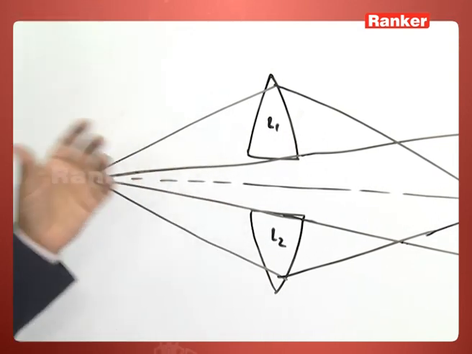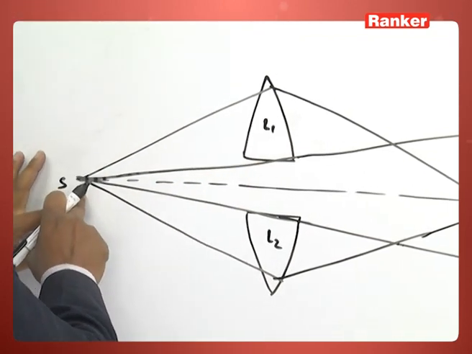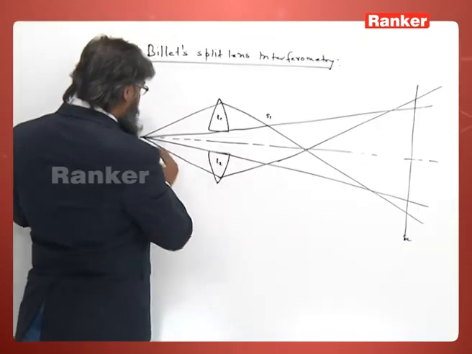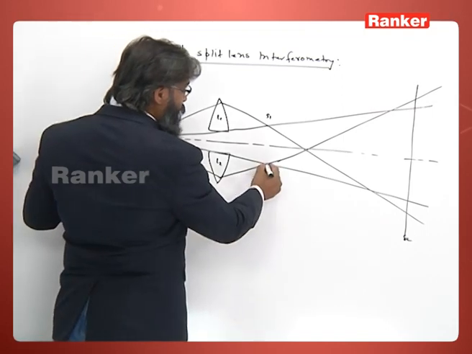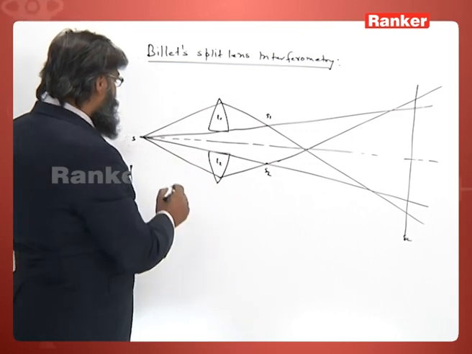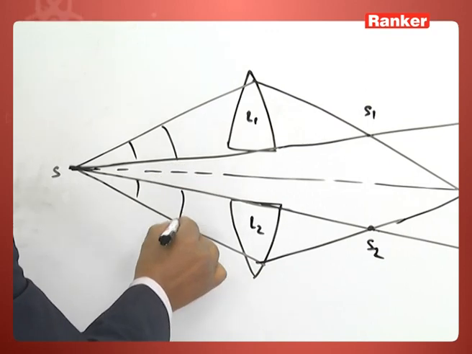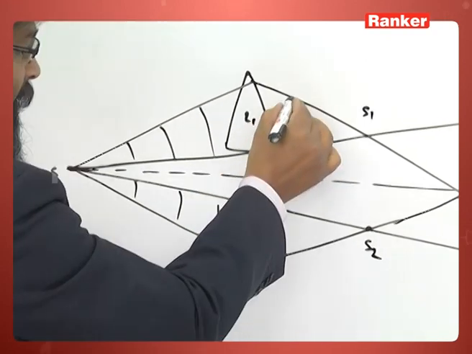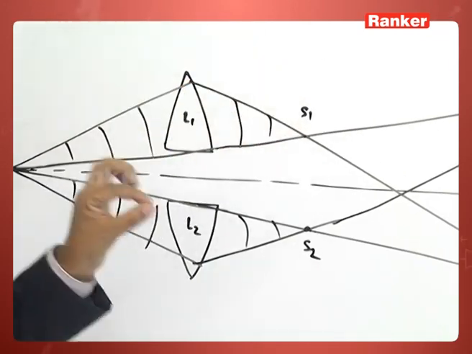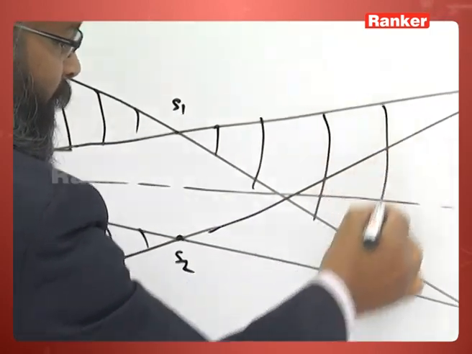We can change this distance, but in my diagram here, this source S, because of this lens, forms an image here, and because of this L2 part forms an image here. These are real images. So, you can see here the wavefronts from here, you see this wavefront converges here at S1 and then here again diverges.